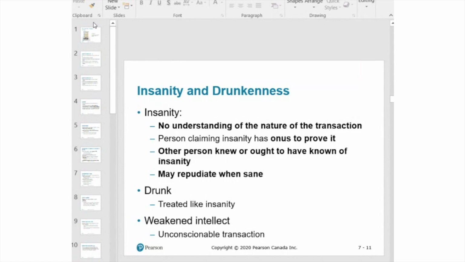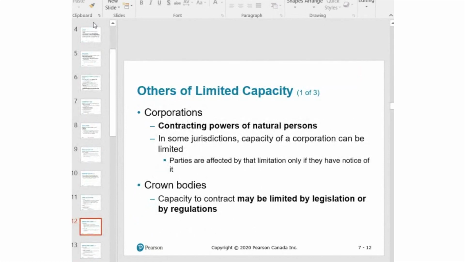All right, moving on. So there are other parties that have limited capacity. Corporation, for example, companies in general. So when you start a company, you and partners, the shareholders, they may decide that a company will not do business with the government, or they may decide that the corporation will not get loans from the banks.